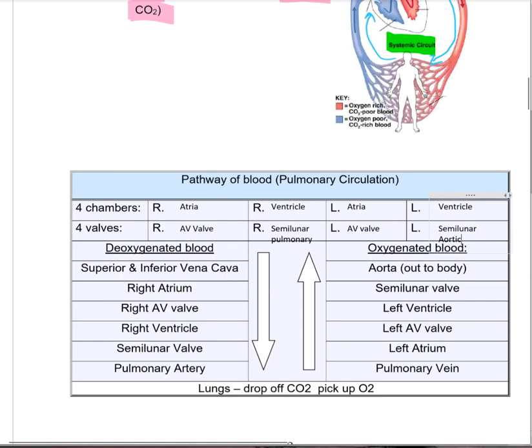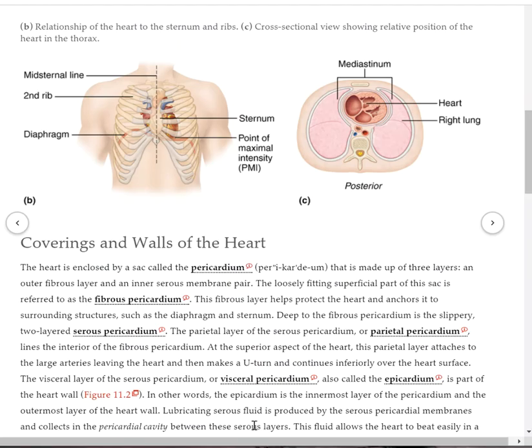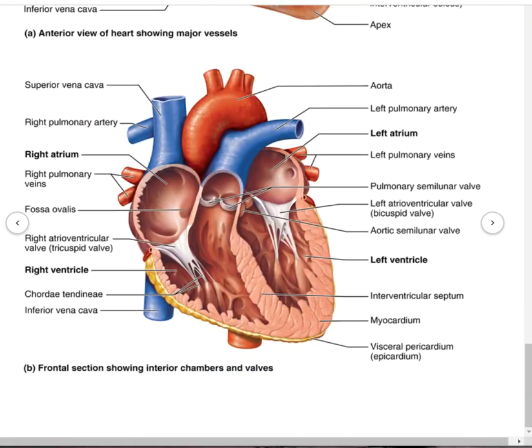Okay, now you can trace a drop of blood going through all the different parts of the heart. And if you look at page 360 of your notes, which I'll bring up right now, we can see some of the things we just talked about. Here is our right and left atria. Here is our right and left ventricle.